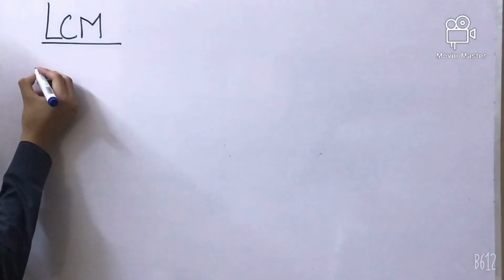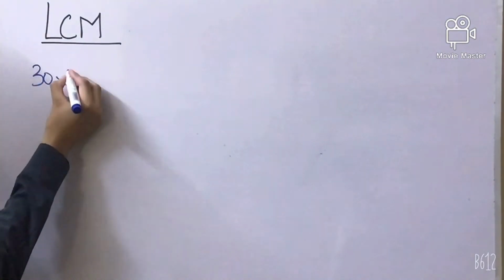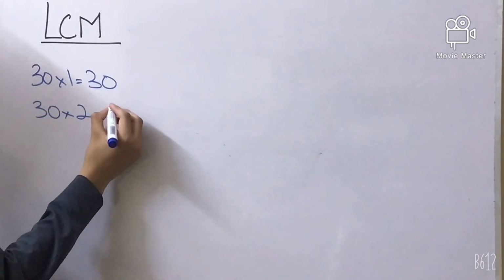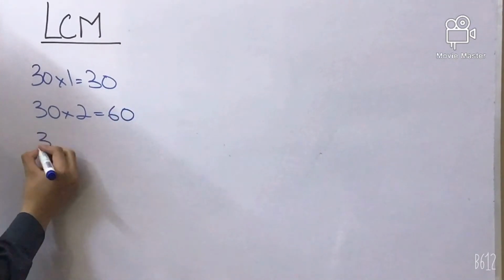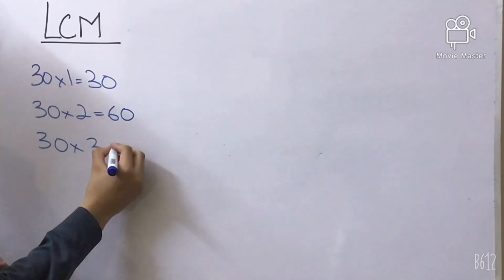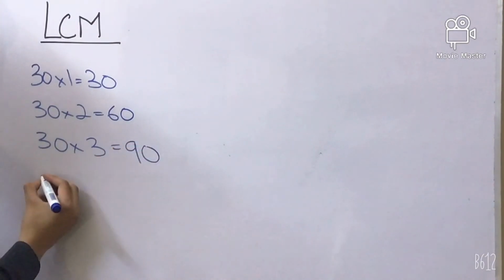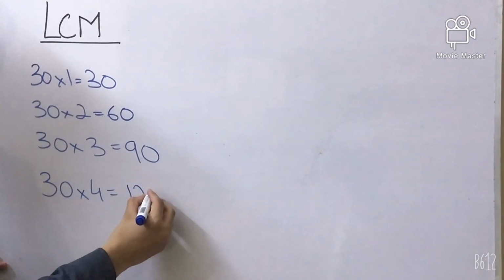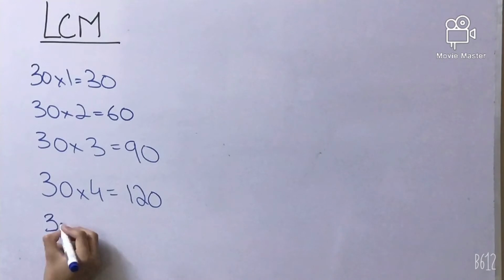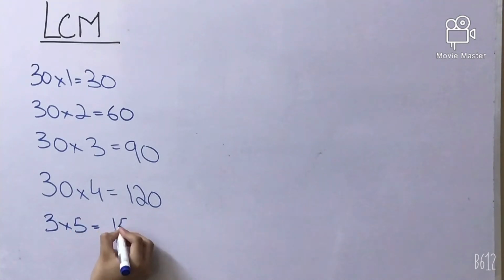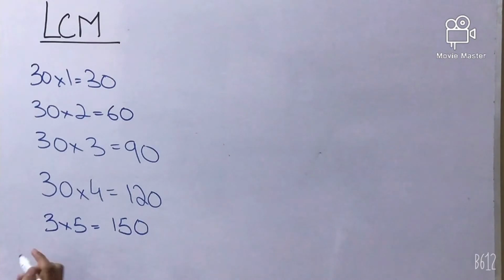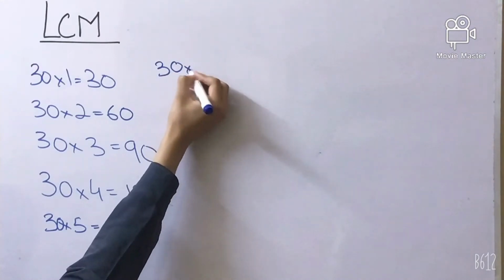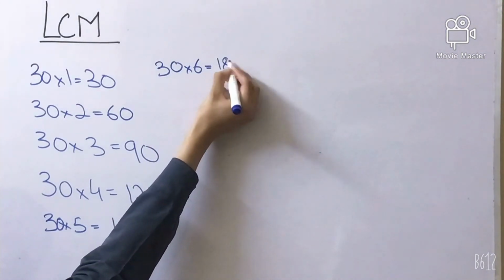Okay, so first of all, 30 times 1 is 30. 30 times 2 is 60, 30 times 3 is 90. 30 times 4 is 120. 30 times 5 is 150. Okay, let's do one more. 30 times 6 is 180.